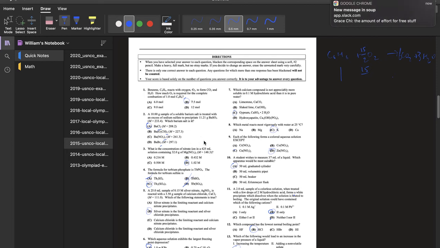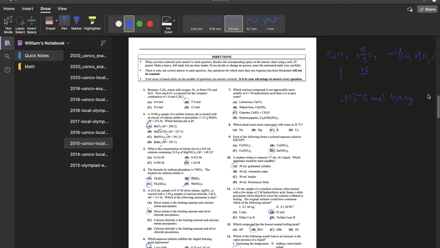A 25 milliliter sample of silver nitrate is reacted with that much calcium chloride, which is true. Okay, so if we do 0.025 liters times 0.15 molar, we get this many moles of silver nitrate.